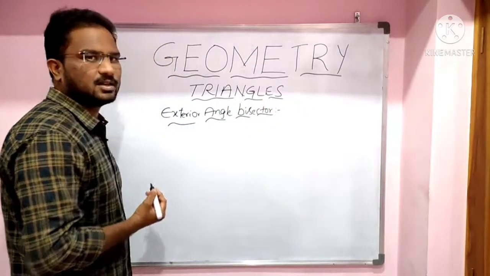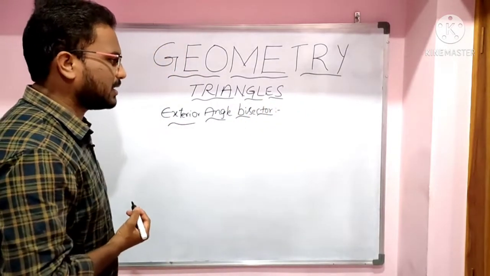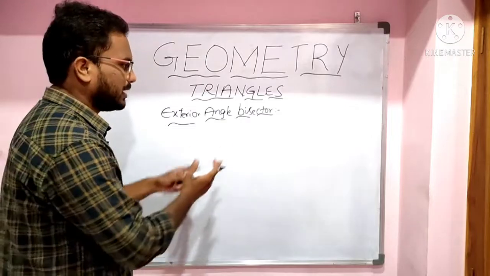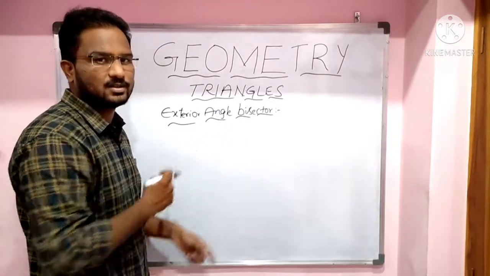So what is an exterior angle bisector? Interior angle bisector means it should bisect the interior angles of the triangle.